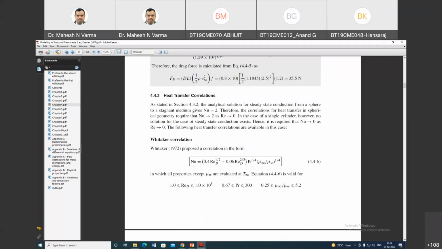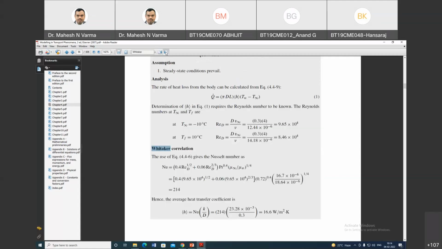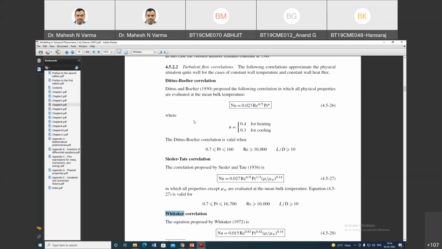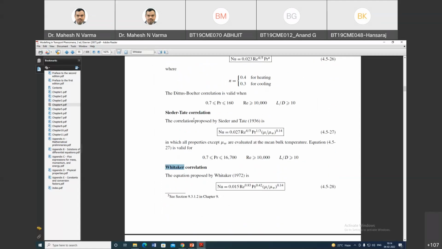So Whitaker is there for flow normal to a single cylinder, and that was flow over a sphere. Then again, you can see this is flow through a pipe. The same Whitaker has given a correlation for flow through a pipe.